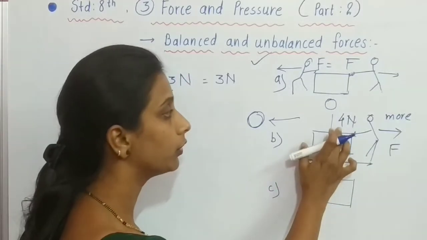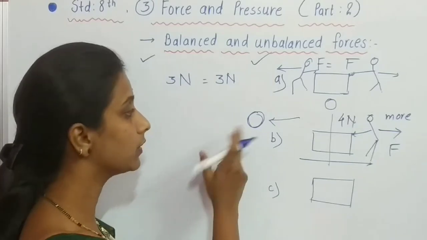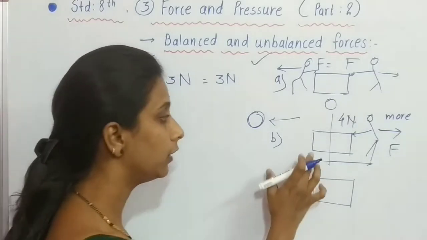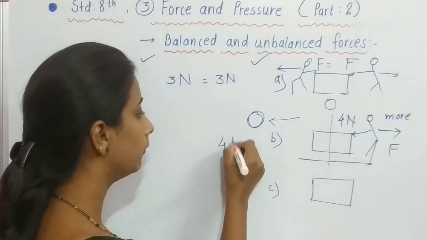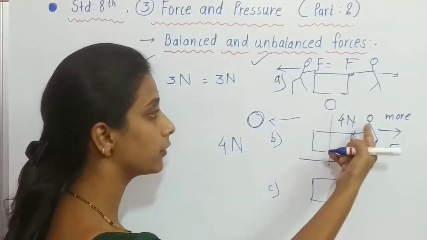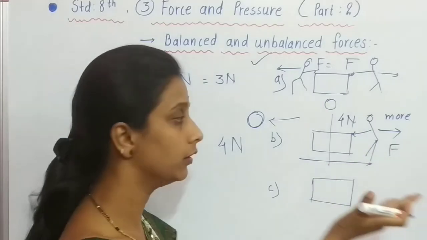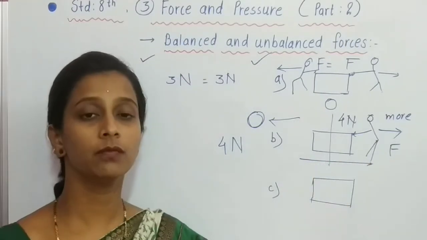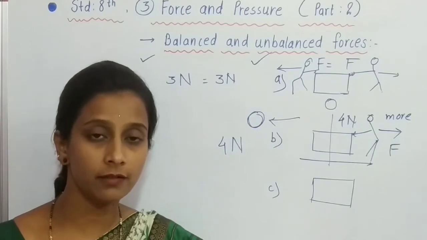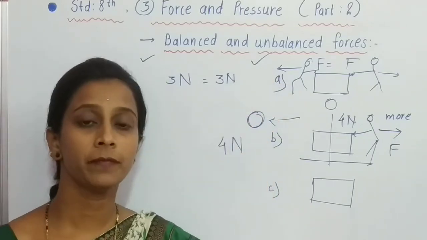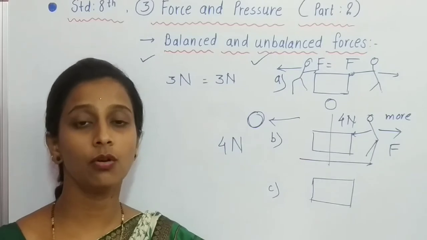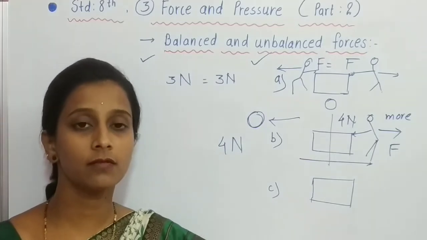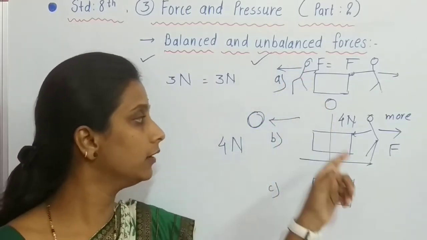From this side it is 0. Means the total or net force acting on this object will be 4 Newton. So large force is present in that direction, and the object will start moving in the direction of force. So students, again see the definition of unbalanced force: the force acting on a body with unequal magnitude in opposite direction is called unbalanced force.